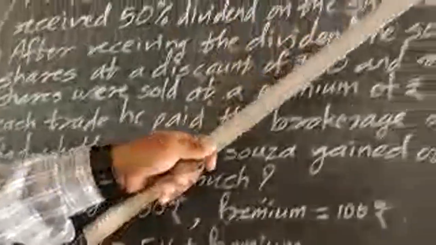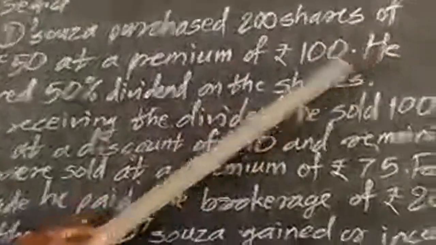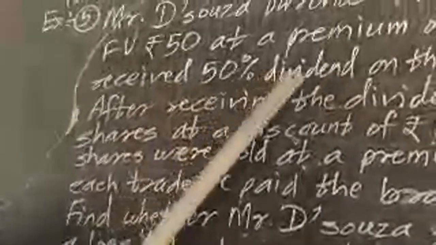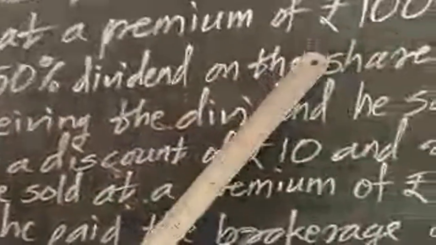Next sentence: he received 50% dividend on the shares. What is given here?